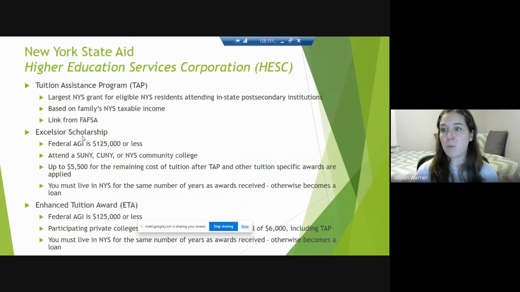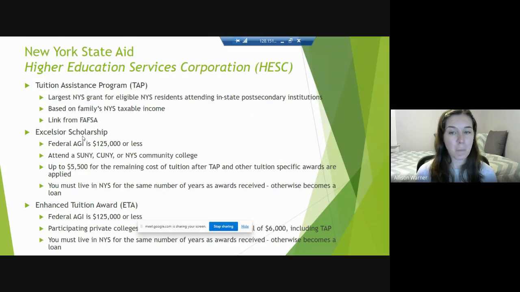Recipients of this award are really any New York State student attending any New York State post-secondary institution, and they meet the financial and residency requirements, such as your federal taxable income, and if you've lived in the state for a certain amount of time.